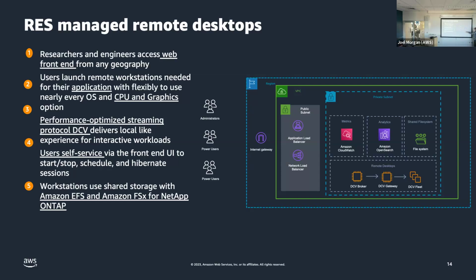You have remote desktops. NICE DCV has a couple of these instances that are brokers for the big multi-user environments. And then the fleet, those are your actual servers. RES also deploys, well, it doesn't deploy, but one of the prerequisites for deploying it is EFS, our file system.